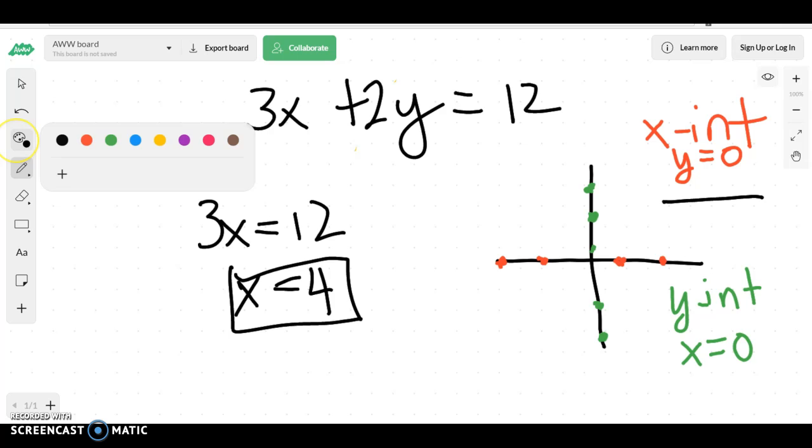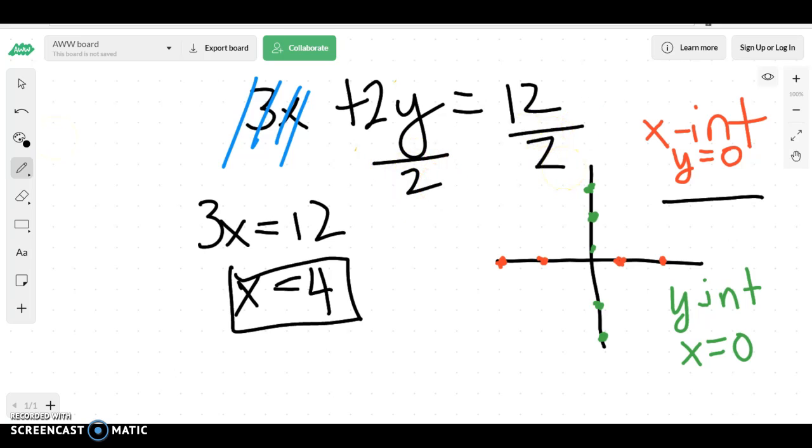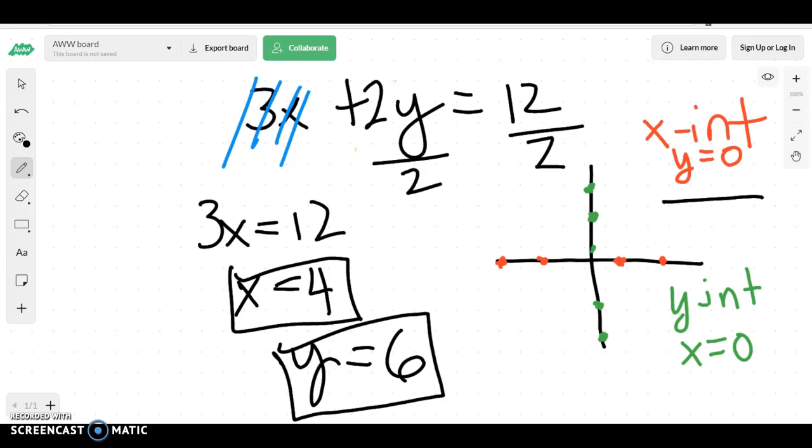If we cancel out our X value, or cover it up, we can see that we have 2y equals 12, so divide each side by 2, and we get y is equal to 6. So my X-intercept is 4, and my Y-intercept is 6.